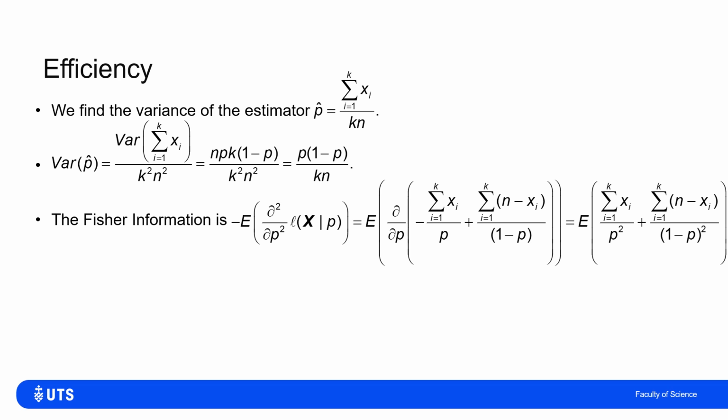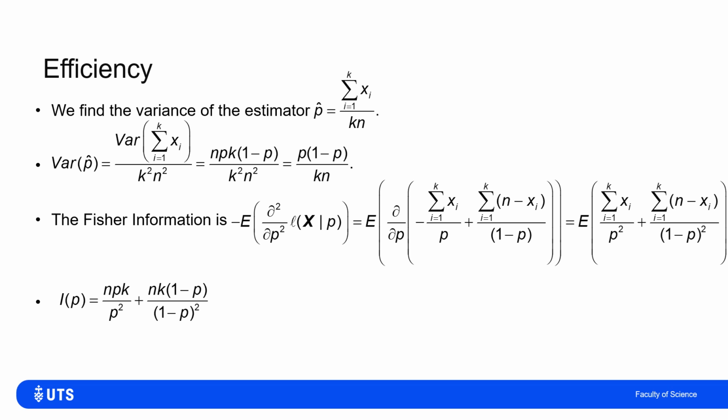So if I work out the Fisher information, which is the expected value of the second derivative of this log likelihood, I'm just differentiating the statement that I set to 0 to find the maximum likelihood estimate again, well, the negative of that. So I differentiate this again and take its expectation.